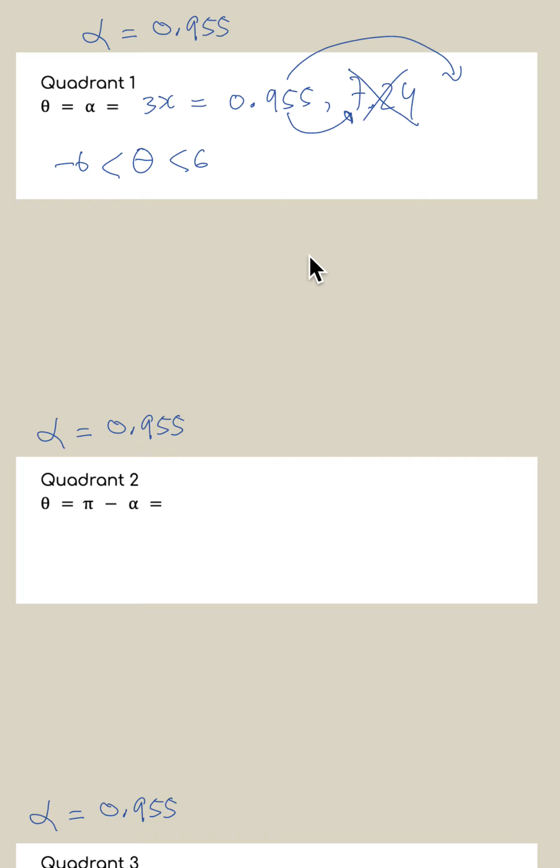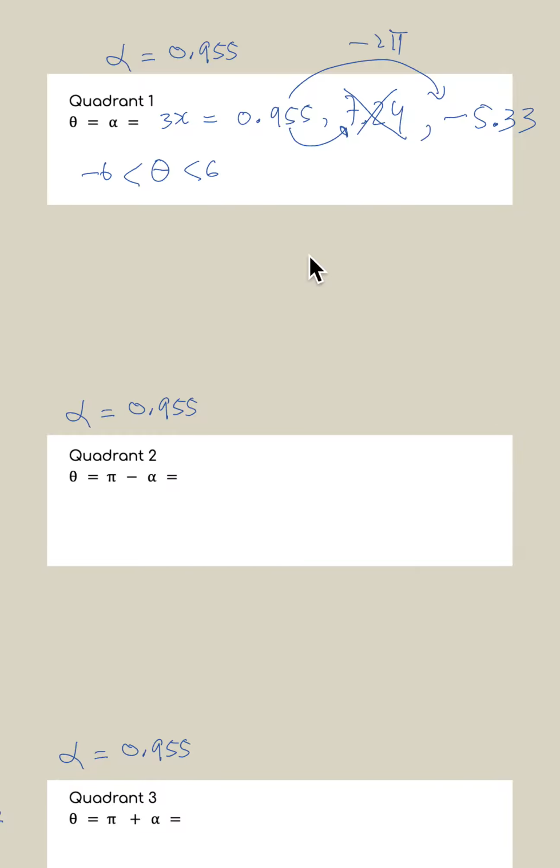How about if we minus away 2 pi? 0.955 minus 2 times pi, you get negative 5.33. Is that within the range? Yes, it's in the range between -6 to 6. Okay, so we have two answers for quadrant 1.